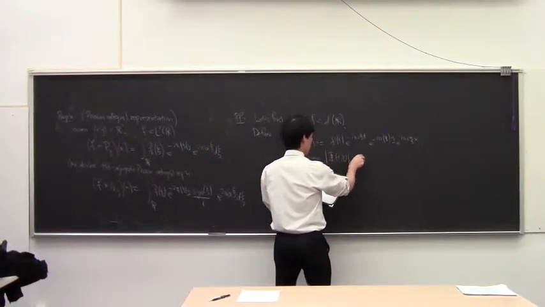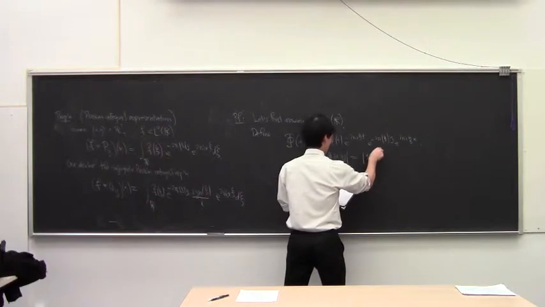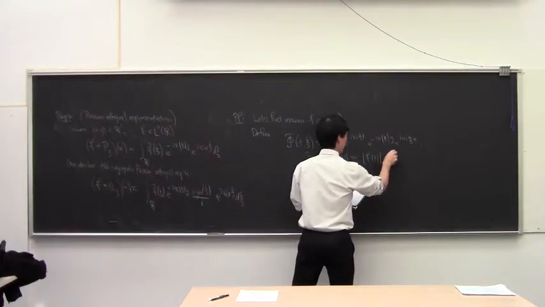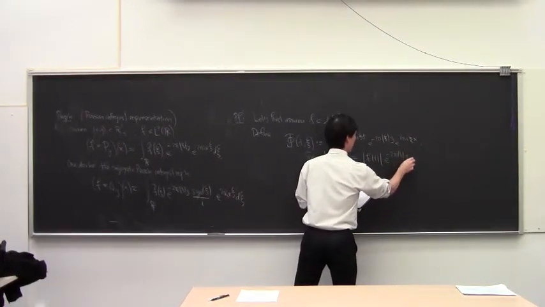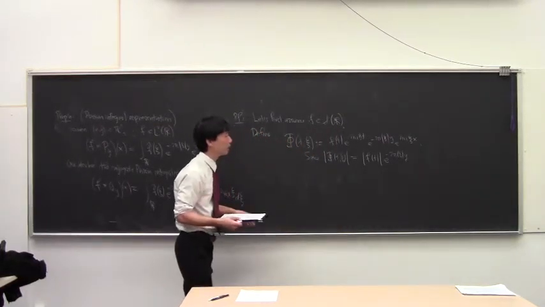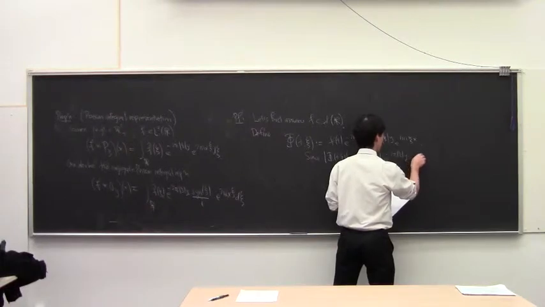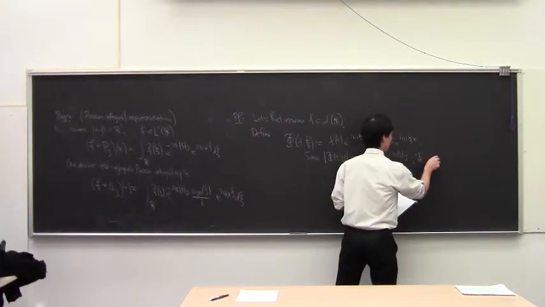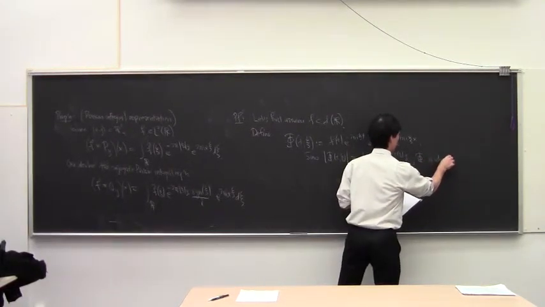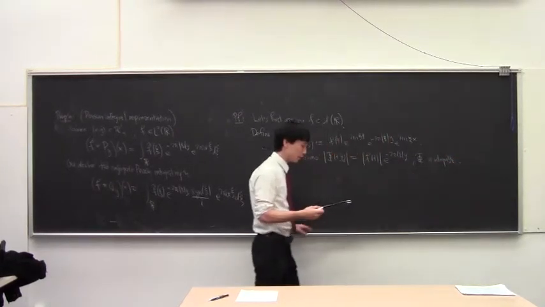When you take the size of this, we just get f of t e to the negative 2 pi c y. Phi is integrable, and we can use Fubini's theorem.